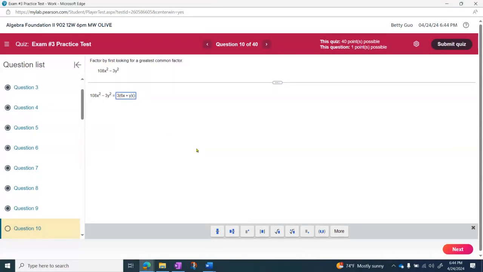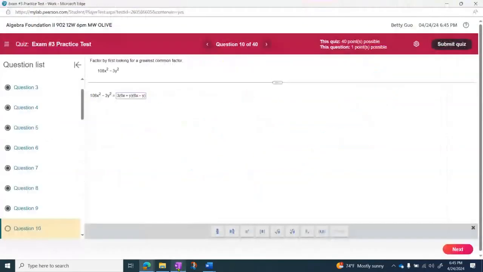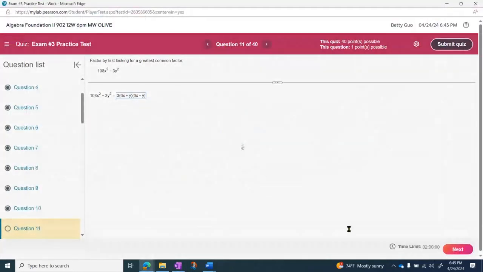The order of those two parentheses doesn't matter, by the way. 6x plus y, 6x minus y. And that's it. If you want to double check your answer, you can multiply the parentheses and see if you go back to the original polynomial. Double check. 6x minus y, 6x plus y. Okay, correct. Next.